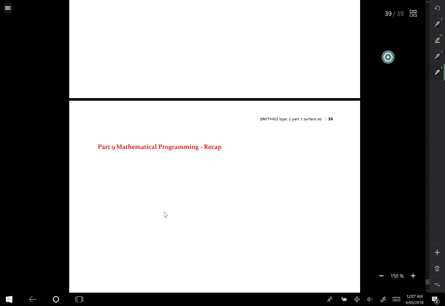So just to recap what we've looked at. We started off, we looked at single variable optimization, and then we added in constraints.